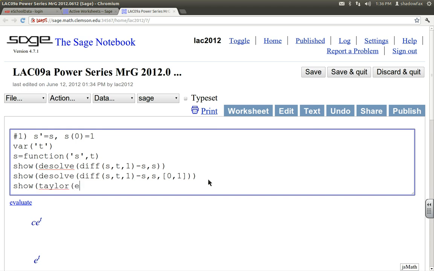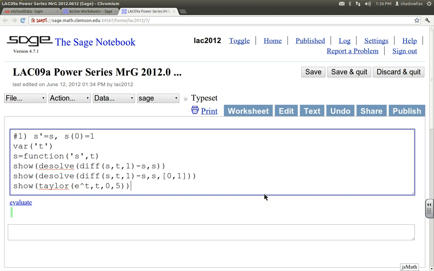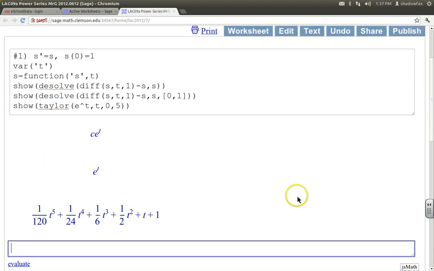And just for fun, how about we show the Taylor expansion for e to the t near 0, with respect to t near 0, so it's really Maclaurin. And I think we had a fifth degree. Let's see. And the show again. And that's what we wrote, I think. Let's see.